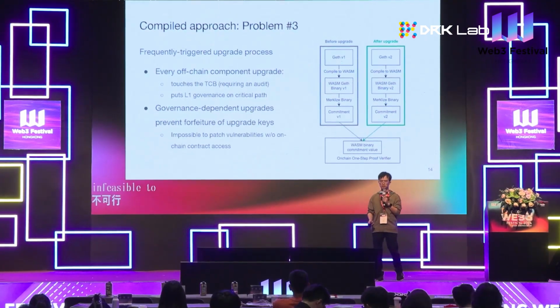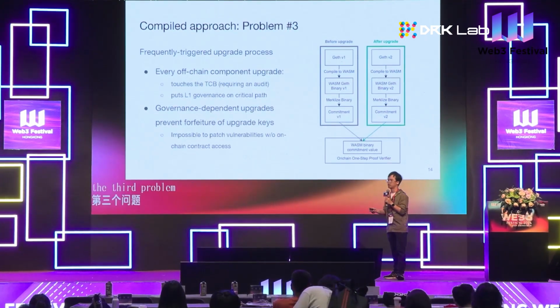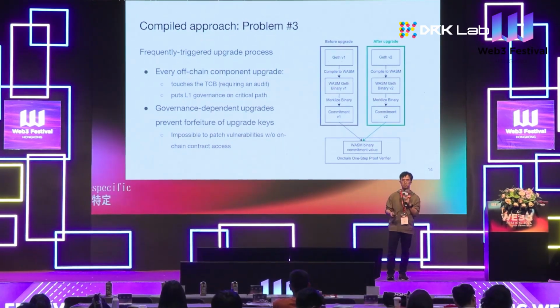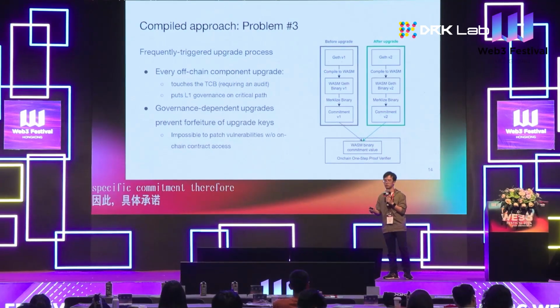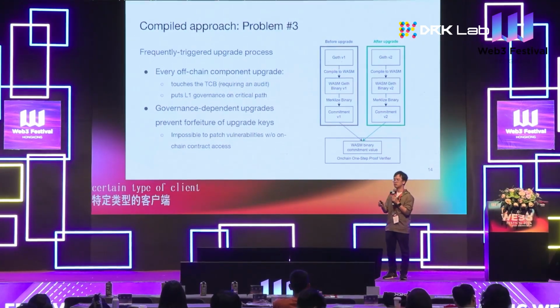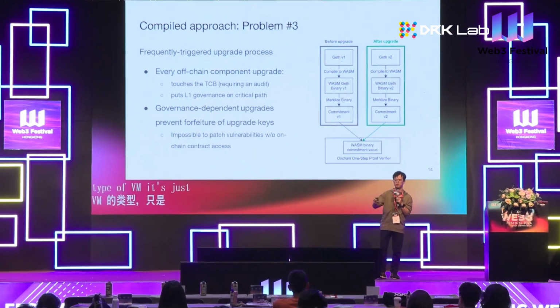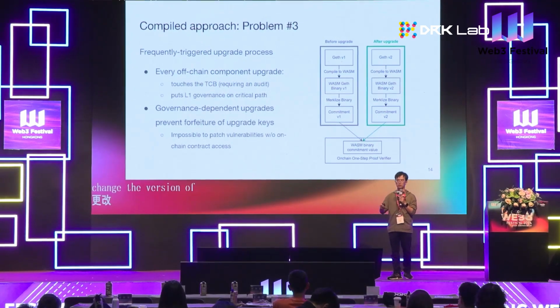And the third problem is that since it is coupled with a specific commitment, only a certain type of client can be run on the rollup. It's not just a type of VM, it's also a version of VM, because if you change the version of a VM, the binary will be different. Therefore, the commitment will also be different.